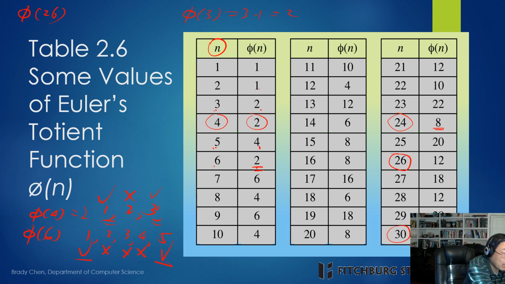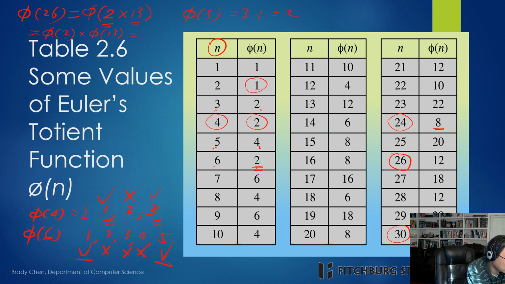But there's a better way. Remember, in the previous slide, we showed that I can factor 26 as 2 times 13, right? Now, 2 is a prime number, 13 is a prime number, so I know phi of 26 is phi of 2 times phi of 13, right? Now, what is phi of 2? It's 1.